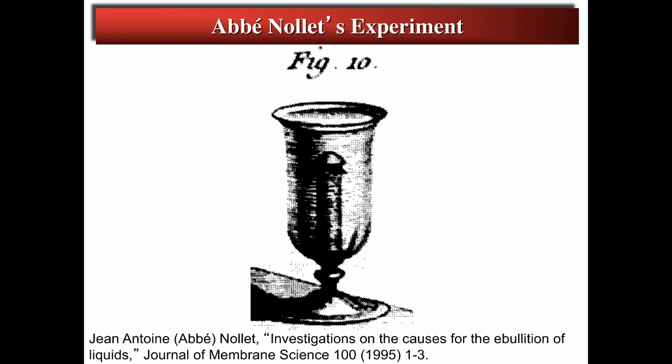Various animal body parts. Antoine Nollet is using a bladder from a pig, and that was a common membrane used in a number of early studies.